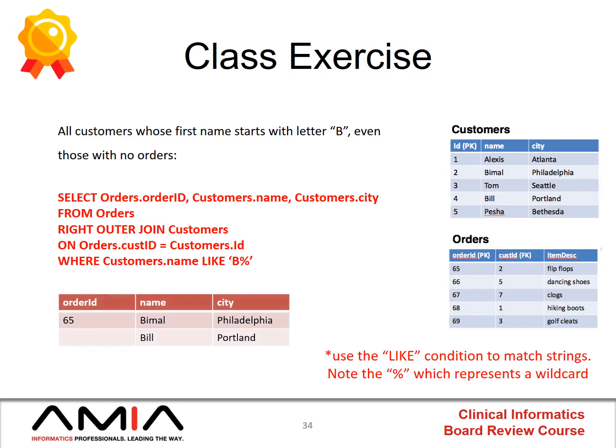And there are two ways to satisfy that. So this query would actually return 65 Beamel Philadelphia because I ordered flip-flops. And then it would show blank Bill Portland because while Bill is in the customer table, there are no orders that match customer number 4.